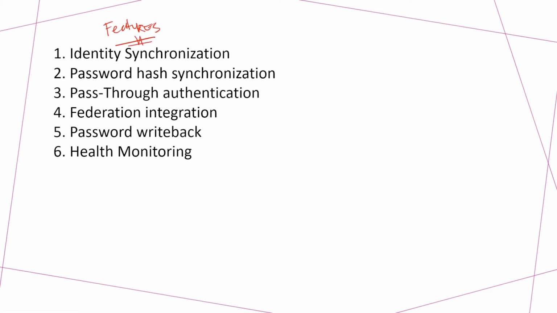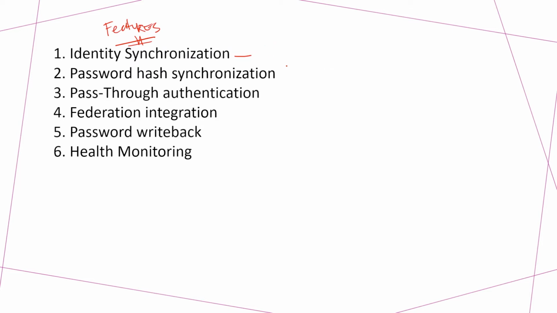The first thing is its main purpose, identity synchronization. So it's responsible for creating users, groups, and other objects, such as devices, as well as making sure identity information for your on-premises users and groups is matching the information in the cloud.